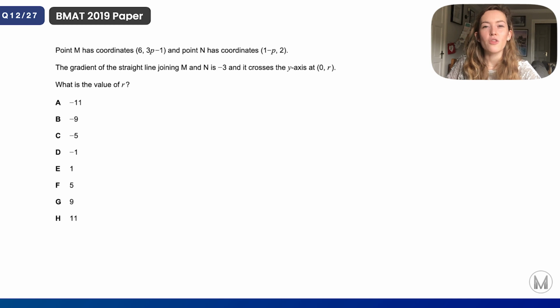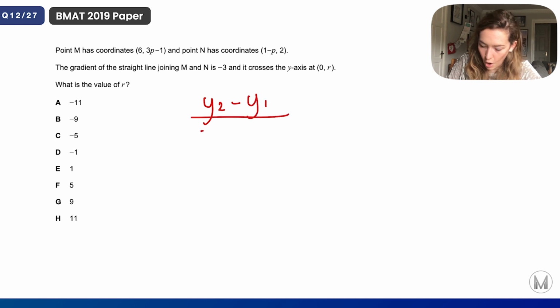Question 12. The first thing I'm going to do here is write out the general equation to work out a gradient. So to work out a gradient, y2 minus y1 over x2 minus x1. To make it a little bit easier for myself, I can annotate up at the top here what I'm dealing with.